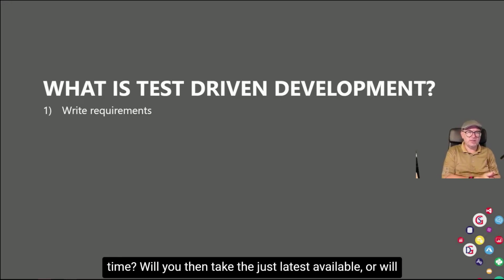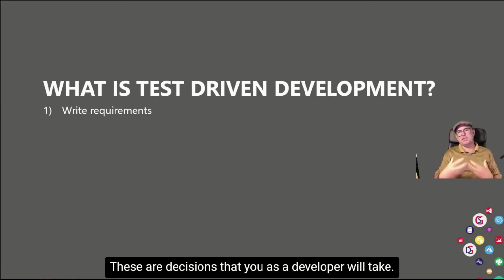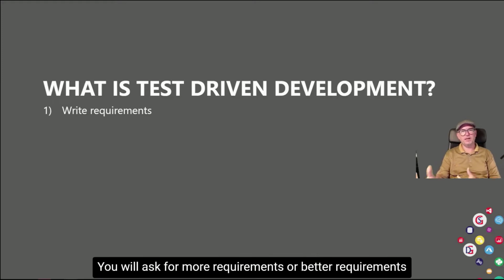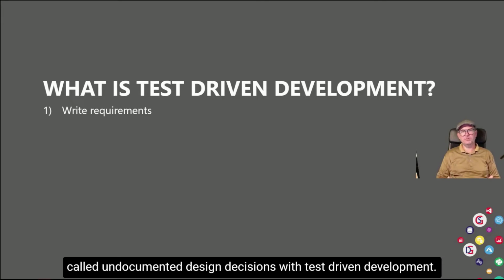Will you then take the just latest available, or will you take the average of the latest, I don't know, the latest open bank day? These are decisions that you as a developer will take. Some of them you will ask for more requirements or better requirements for, but some decisions you will take. And they will be so-called undocumented design decisions.